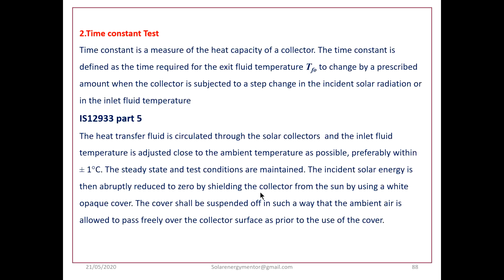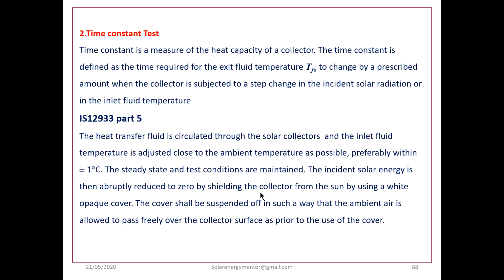Now how to conduct this time constant test as per IS? The heat transfer fluid is circulated through the solar collector and the inlet fluid temperature is adjusted as close to the ambient temperature as possible. We have already discussed how to vary the inlet fluid temperature with the help of the storage tank and heat removal.